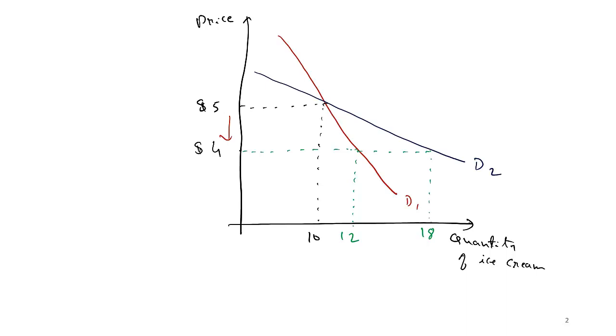So what you see here is that depending on how flat or steep the demand curve is, so is the change in quantity demanded. For a $1 decrease in price, according to demand 1, quantity demanded goes up from 10 to 12. On the other hand, for a $1 decrease in price, for demand D2, quantity demanded goes up from 10 to 18.